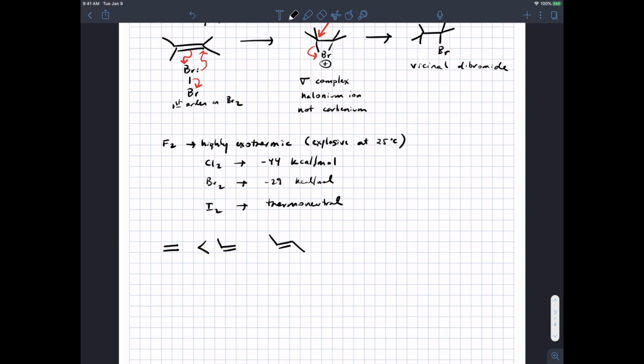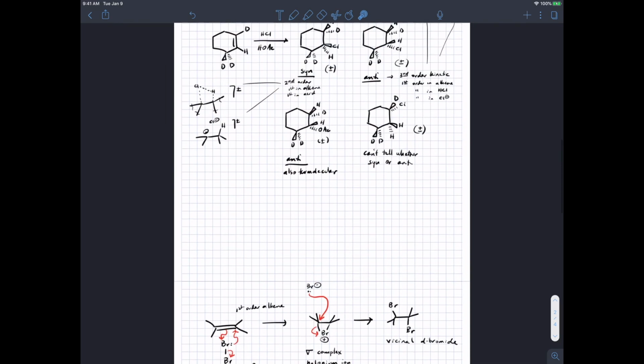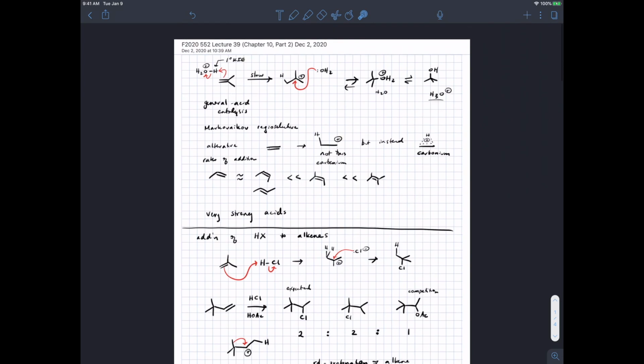The rate is faster for propene than it is for ethylene, faster still for trans-2-butene. If there were a carbenium ion intermediate, we wouldn't see this, as we observed previously. The rates of addition to propene and trans-2-butene would be similar, right? Because both of them involve a carbocation that's similarly stabilized.